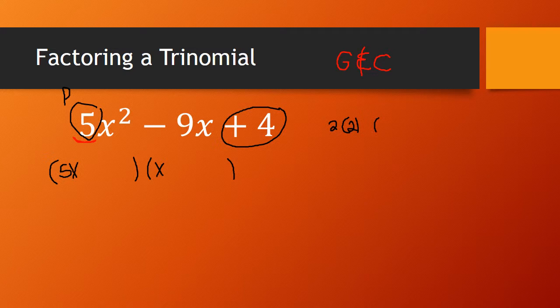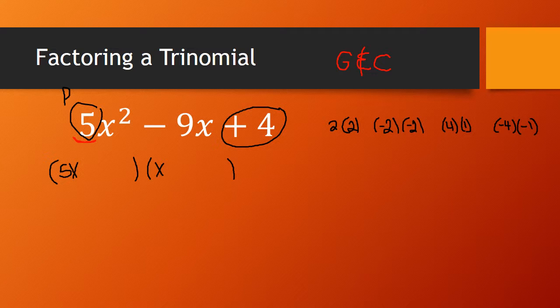It can be negative 2 and negative 2, because negative 2 times negative 2 is 4. It can be 4 and 1, because 4 times 1 is 4, or it can be negative 4, negative 1, because negative 4 times negative 1 is 4. So I'm going to work with each one of these factors to be able to find which one will give me this trinomial.